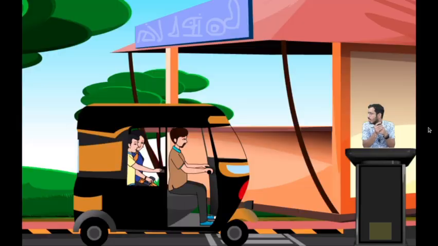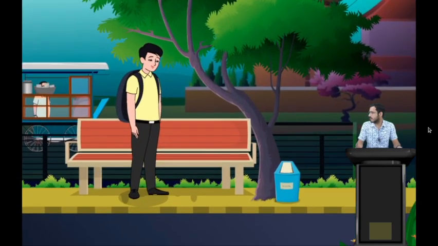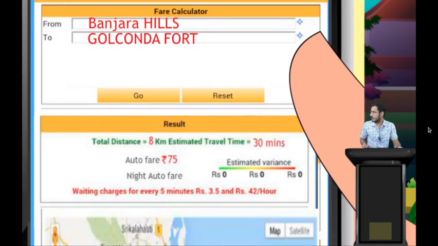Now here one passenger is waiting, and you can see Banjara Hills to Golconda Fort. The auto fare is rupees 75 here.